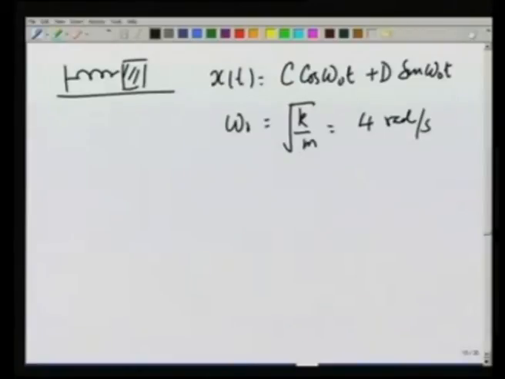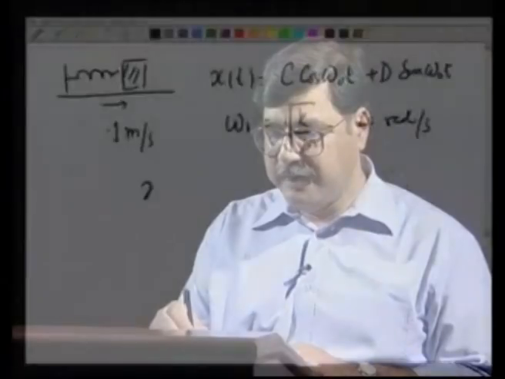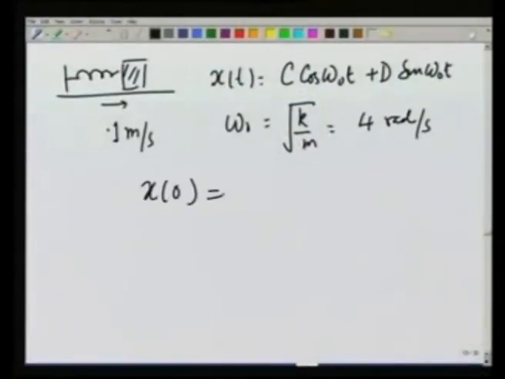Let me take something with which I can hit the block, and let me give it an initial speed of 0.1 meters per second to the right from the equilibrium, so that I have x0 is equal to 0 and x dot 0 is equal to 0.1 meters per second.